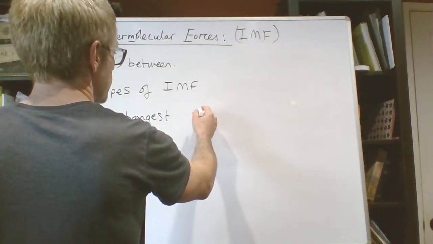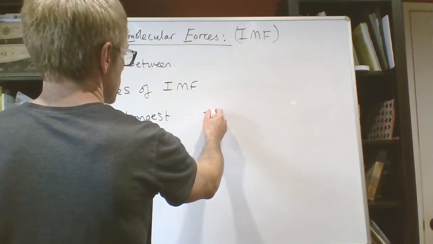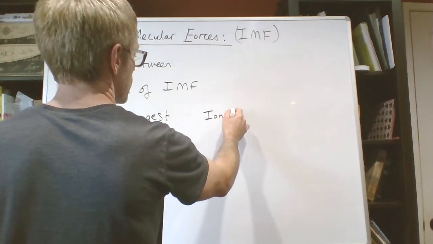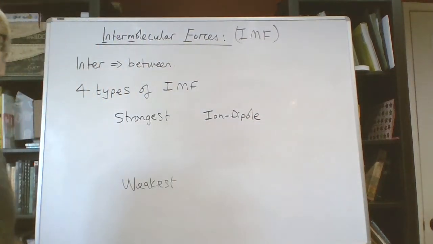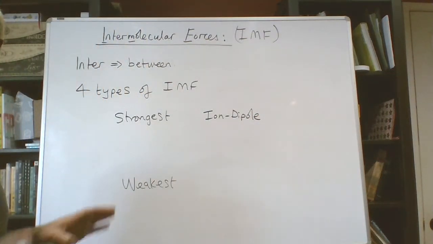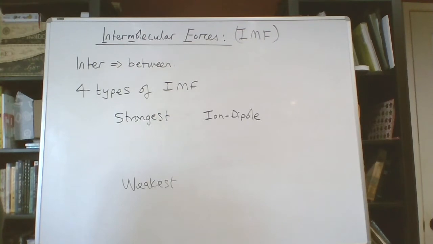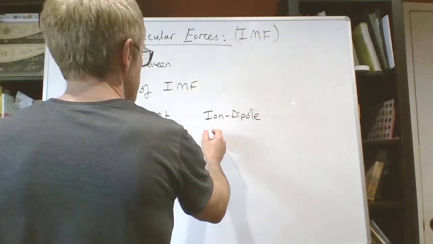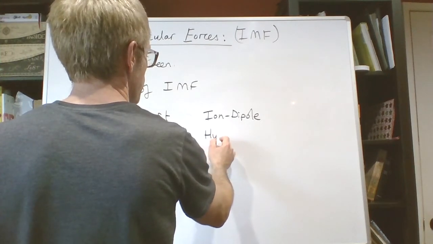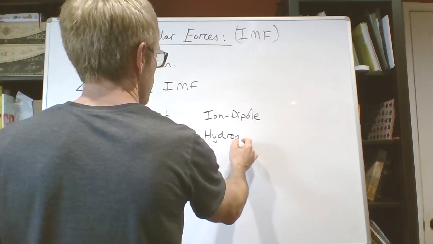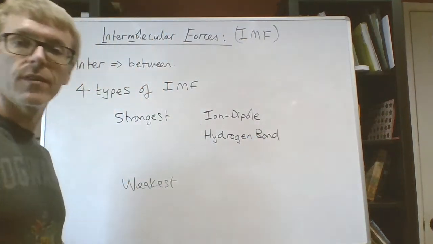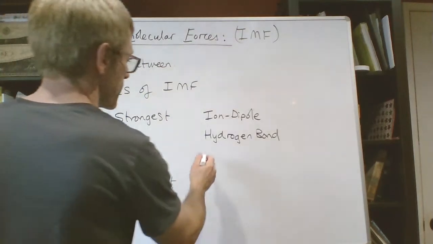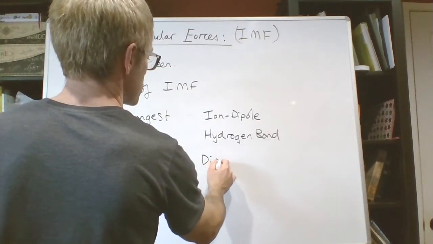So the strongest type of intermolecular force is ion-dipole. In a few minutes I'll create a new screen and we'll go into some detail about what an ion-dipole force is. Next we have hydrogen bond. Again, all we're doing for now is just listing what these forces are. Then we have dipole-dipole forces.